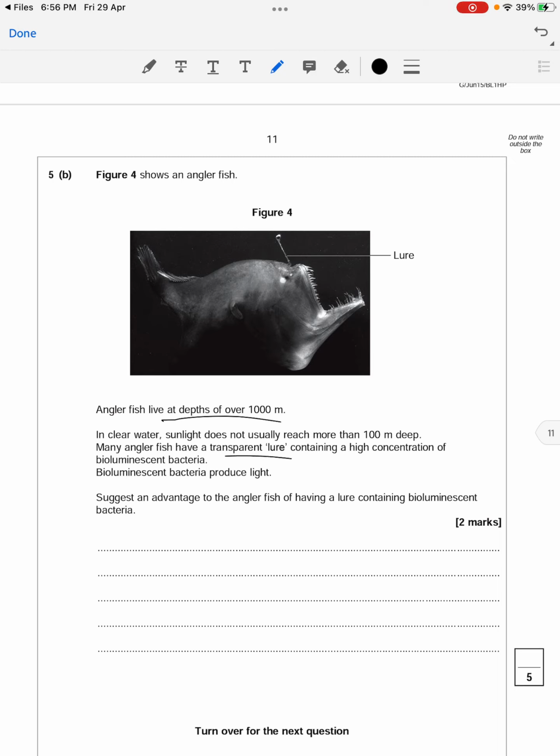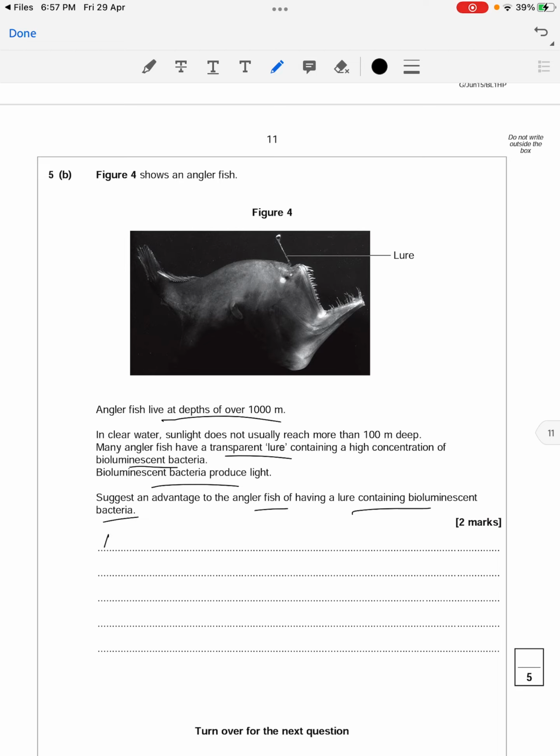Bioluminescent bacteria produce light. So an advantage is that the lure lets the anglerfish attract its prey, because it acts like a distraction.